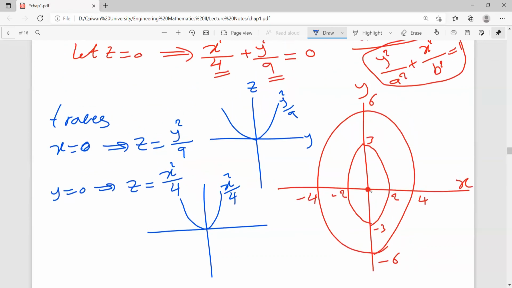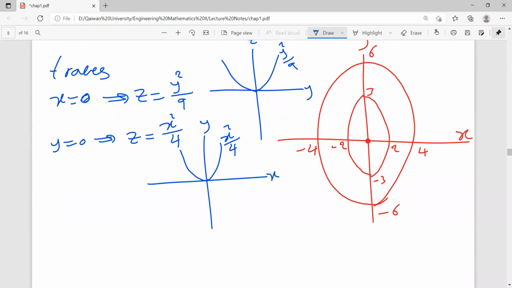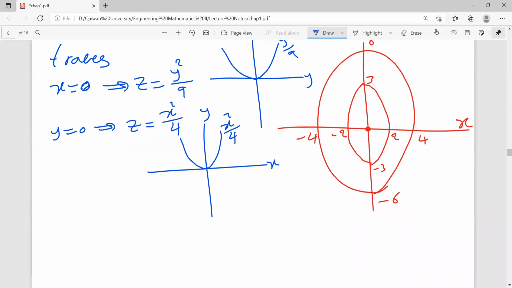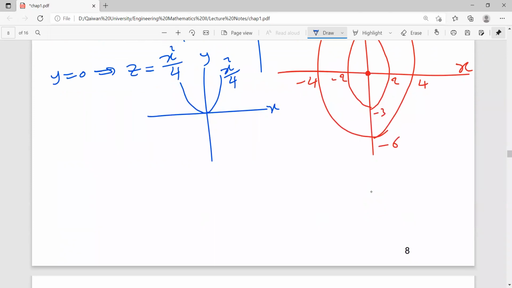Now we combine these three graphs together. This is x and y. This is similar to the previous one, but it's starting from 0, while the previous one is starting from -9. Let's combine these. From 0, we have a graph between y and z.